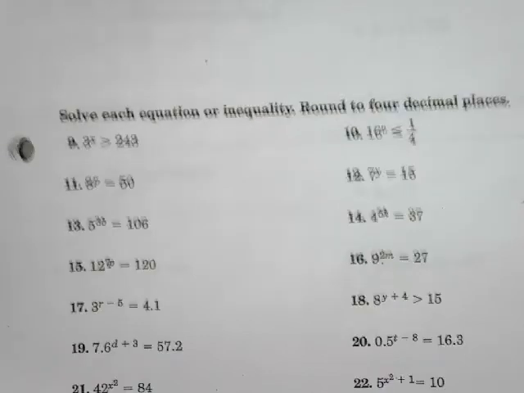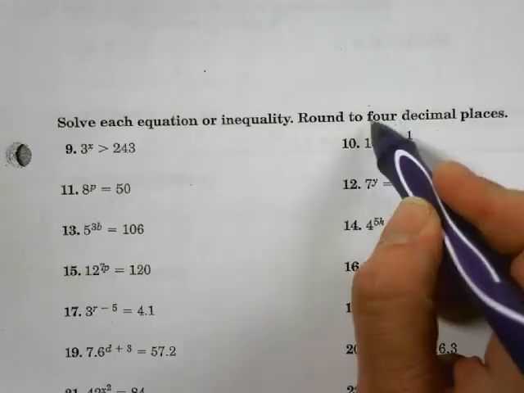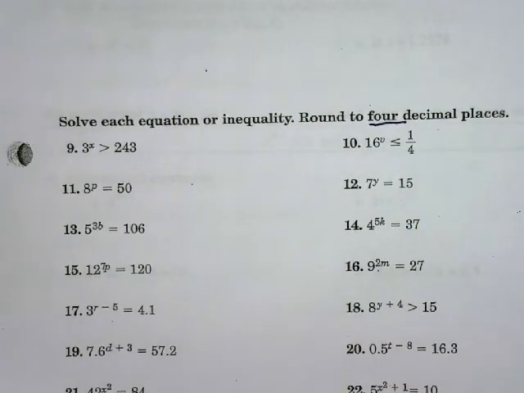Then the ones in the middle, you're using that come-on-down rule so that you can solve these to 4 decimal places. Okay? Questions? You're good? All right.